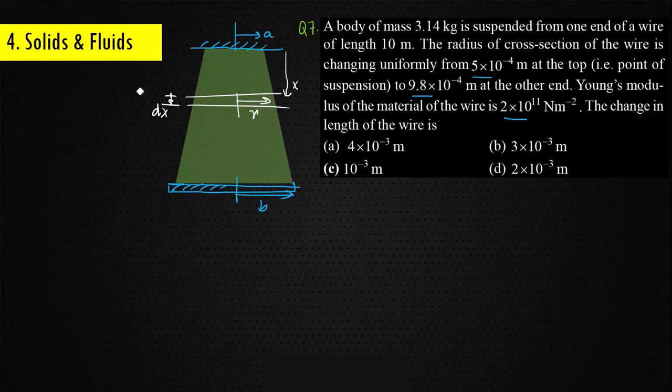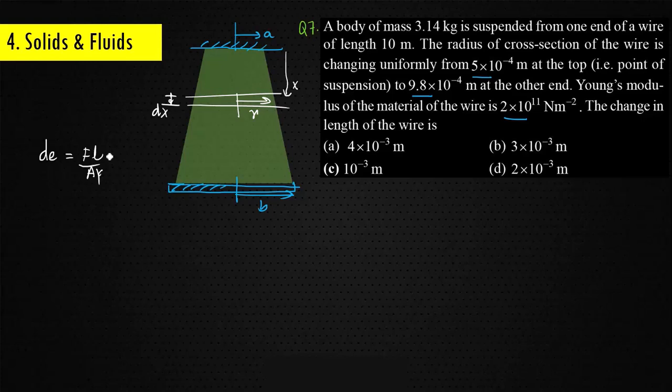So what I can write is, let us say the element has a weight of mg. The small elongation of this element, dE, should be equal to FL by AY. Now what is F?